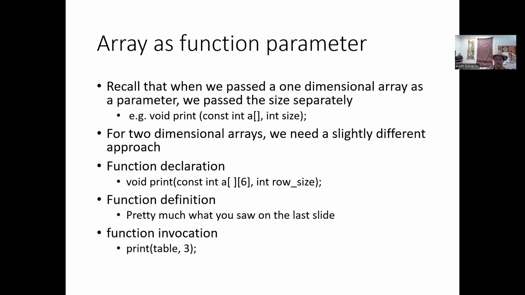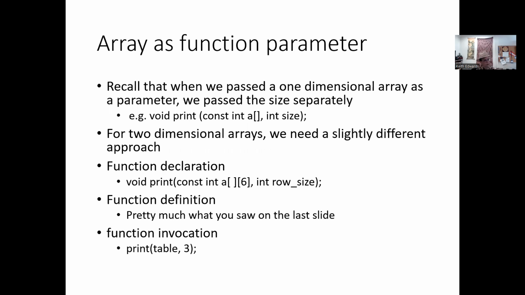Now, if you want to pass these as a function parameter, remember that when we did the one-dimensional array, we passed the array as the first parameter and then passed the size separately. For two-dimensional arrays, it's going to be a slightly different technique, and this was a design decision in C++.